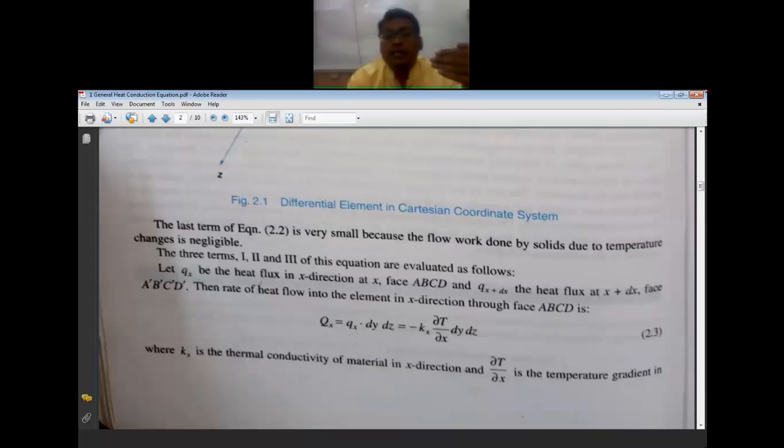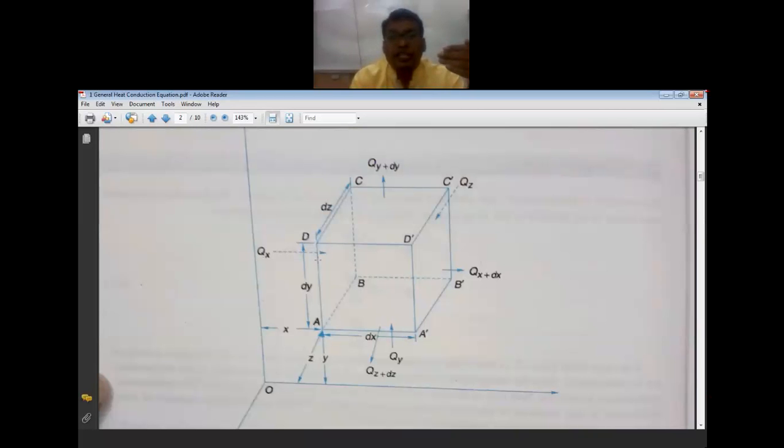The heat flux, having units of watt per meter square, is multiplied by the area dy into dz. The heat transfer in the x direction crosses the area y and z.